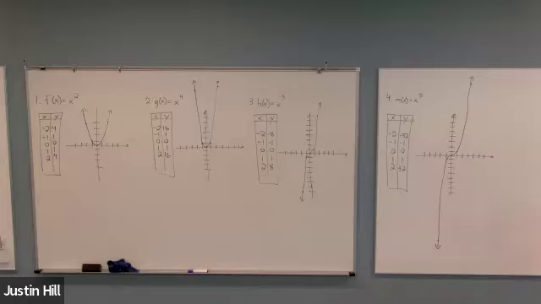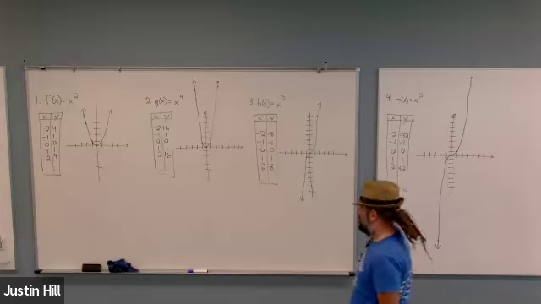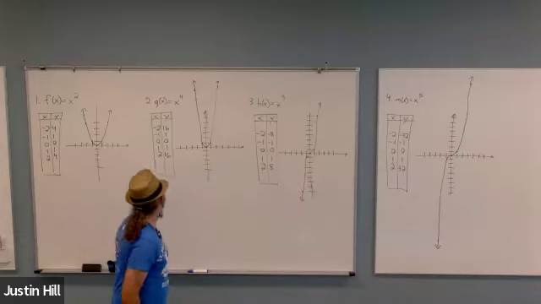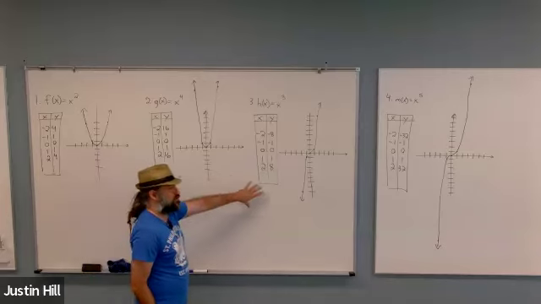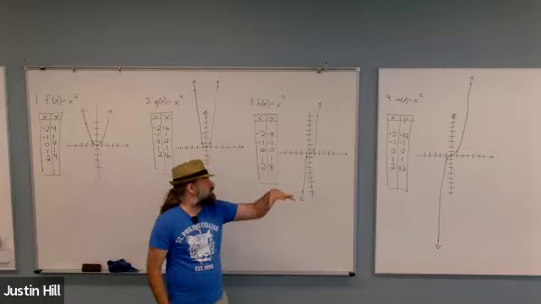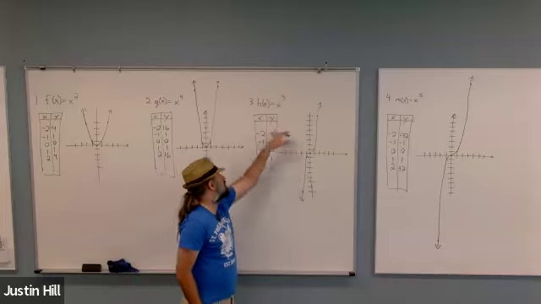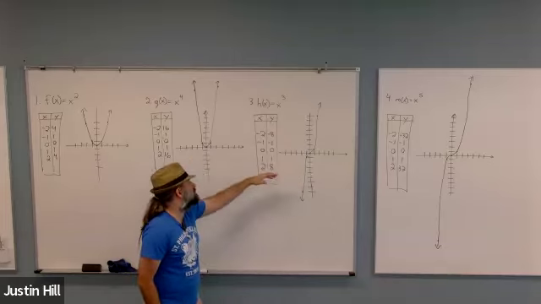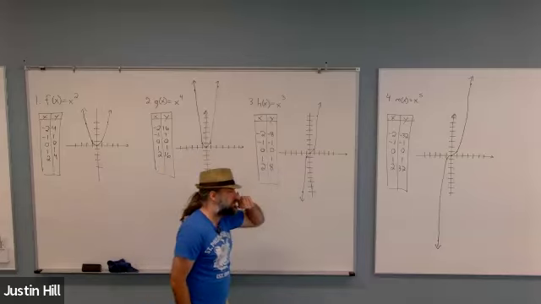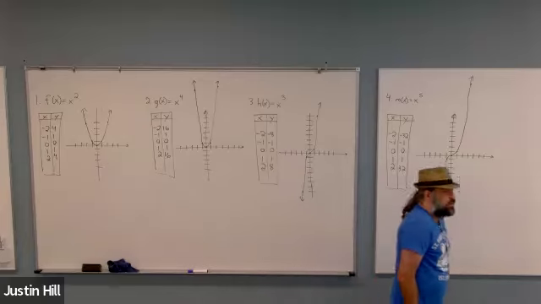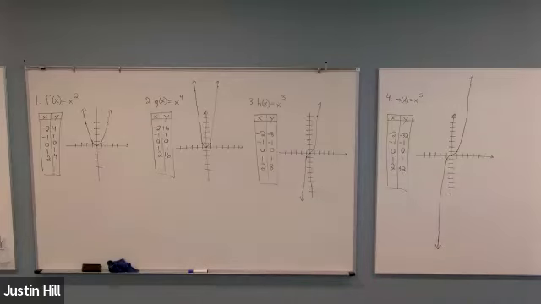For negative 2, negative 8, and for 2, 32. So he's looking at the ones with x cubed and x to the fifth, and you get very similar values. It's either positive or negative. The negatives give you negatives, the positives give you positives.